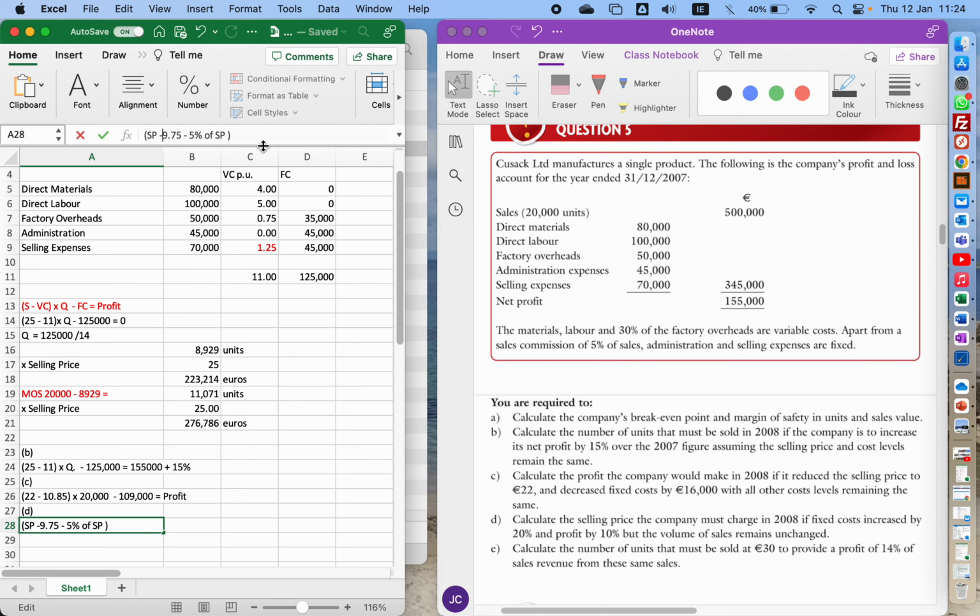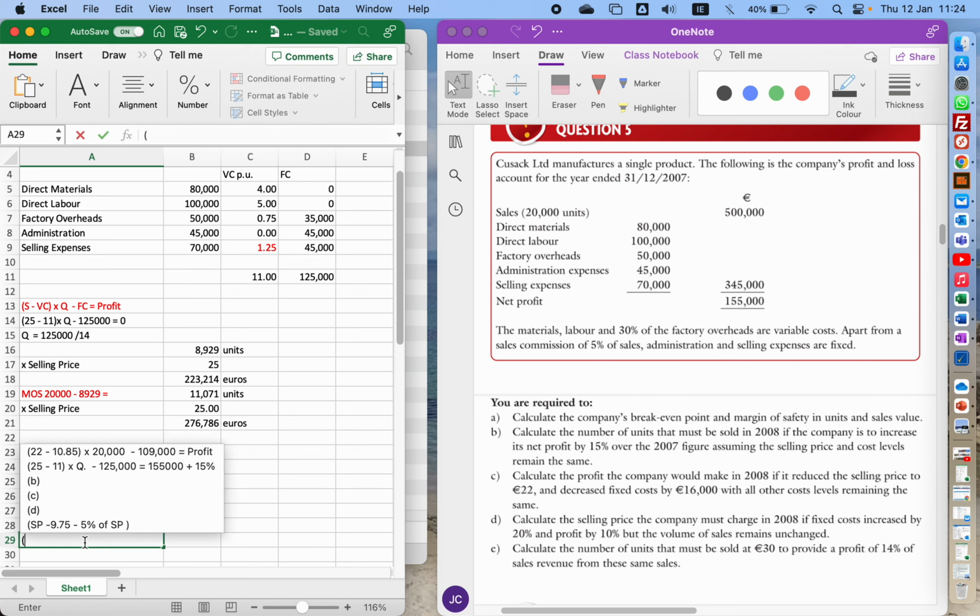So your selling price minus most of the variable cost and minus another bit of variable cost, this figure that's unknown. If I put those two together, they're 1 SP and minus 0.05 SP, I'll end up with, in brackets, 0.95 SP. So that's the previous SP, take away 5% of SP.